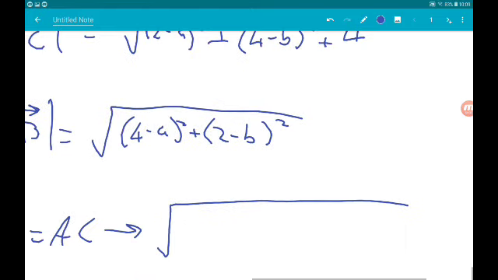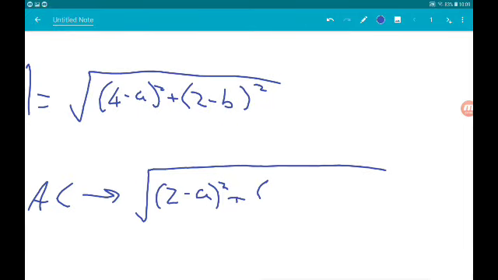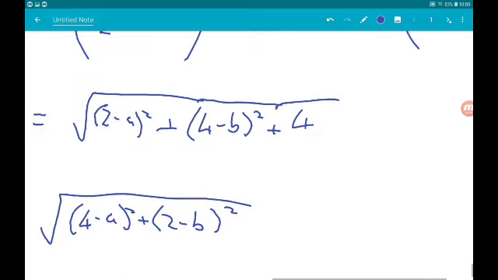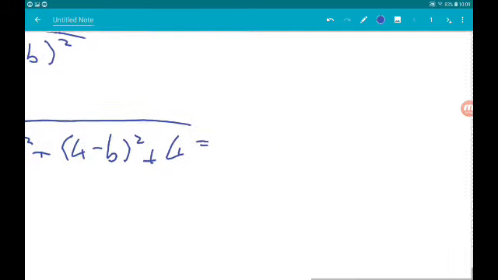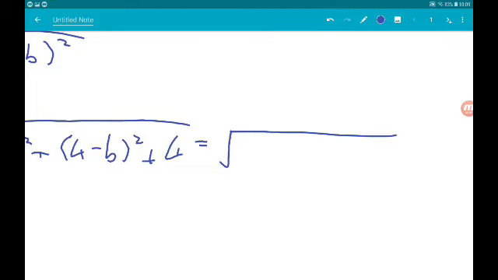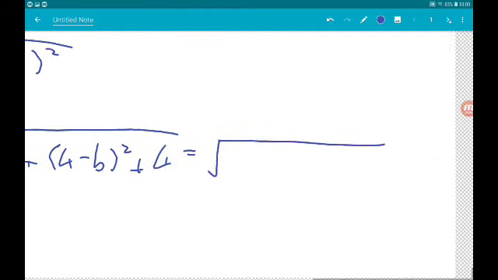root of (2 minus a) squared and (4 minus b) squared and 4 is equal to the square root of (4 minus a) squared and (2 minus b) squared.